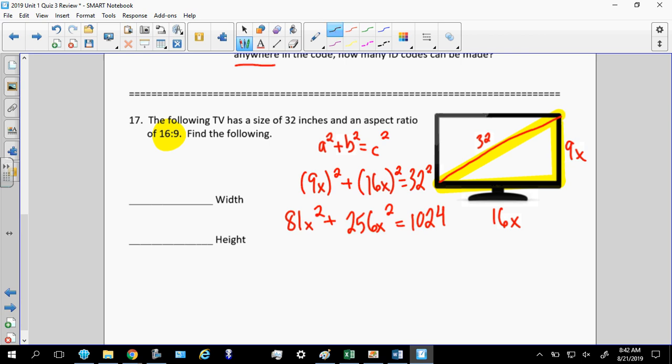You're going to combine these like terms: 337x squared is equal to 1024. Then I'm going to divide by 337.